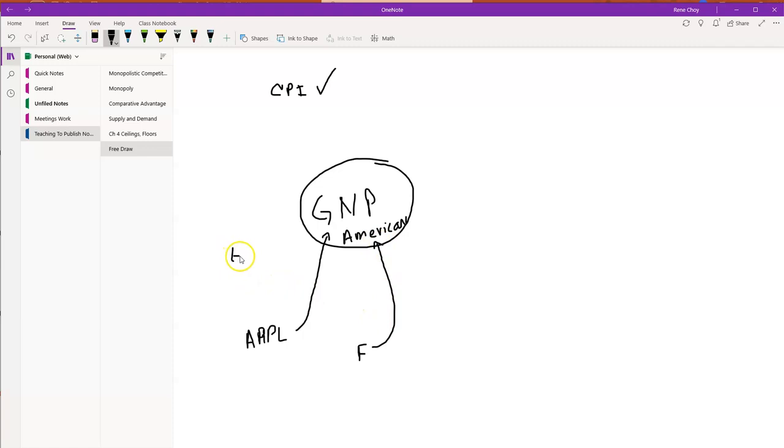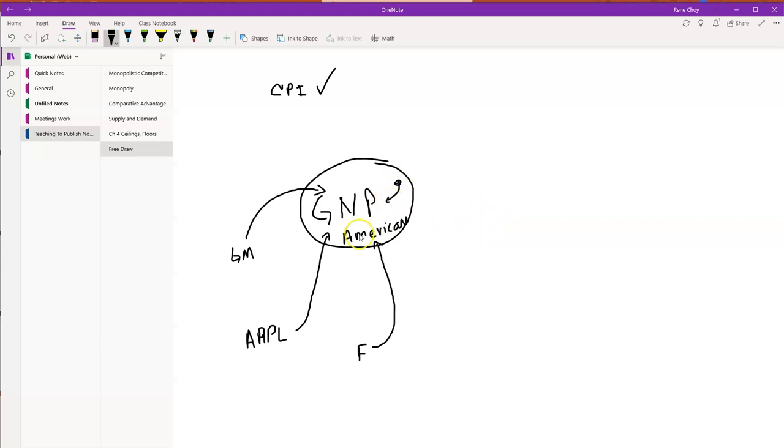If General Motors produces a car in Ecuador, we count it towards US GNP. Alright, so GNP measures production of American companies. Of course, if they're in the US, then we'll count it towards US GNP as well.